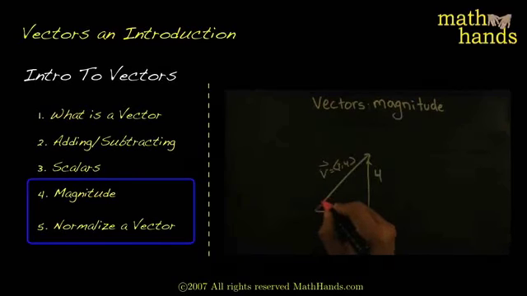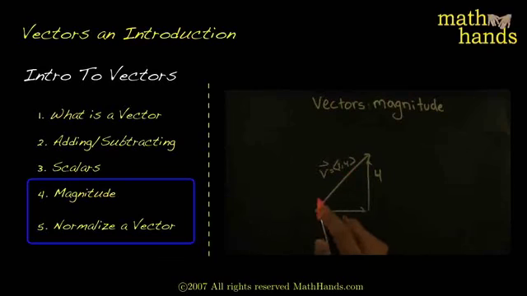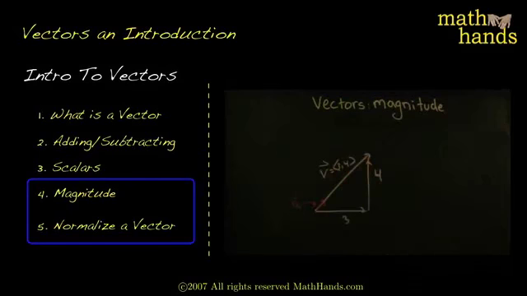I only want it to be length 1. This would be a little tiny v, or a standard size 1 v, unit v. Really, people call it the normal vector for v. That's that guy right there. And the question is, how do you get it? Well, it's just this one scaled.